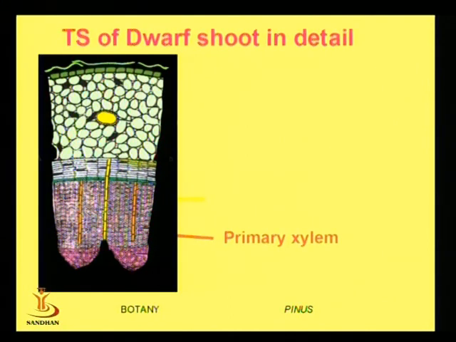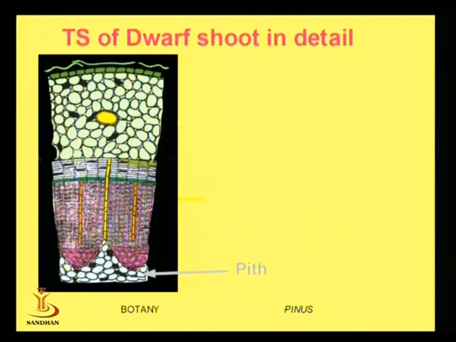In the primary xylem part, there is no presence of medullary rays, and the centermost part is made up of pith, and this pith region also contains tannin cells. So in the dwarf shoot, tannin cells are found in the cortex as well as in the pith region, and the characteristic part of the transverse section of dwarf shoot is that there are medullary rays of two different kinds, primary as well as secondary.